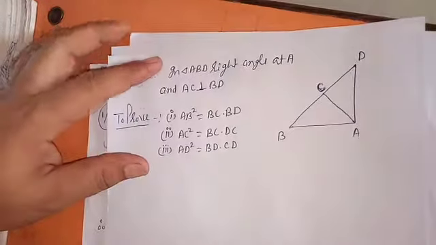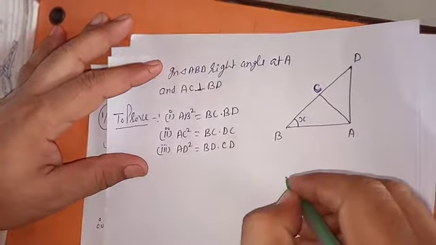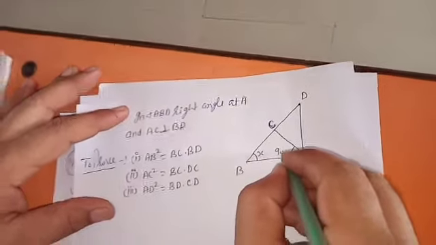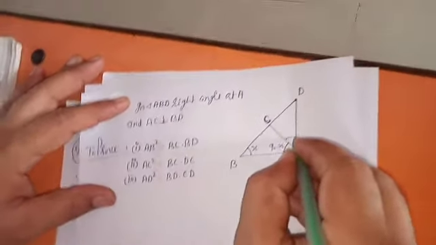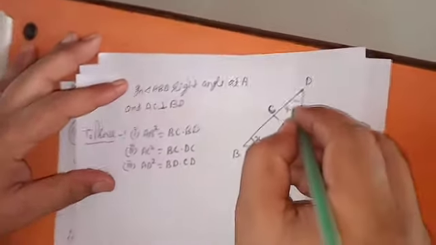Again same procedure. If this angle is x degree, so this is 90 minus x, and this is x, and this is again 90 minus x.